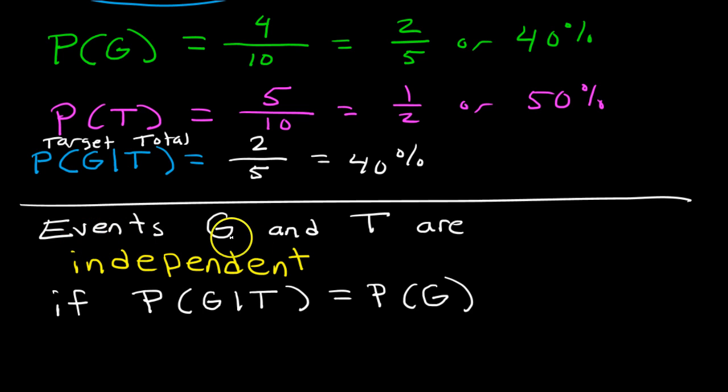We say that events G and T are independent if the probability of event G, given that event T is definitely true, is the same thing as the probability of event G anyway, without knowing anything about event T. In other words, if knowing something about the second event doesn't really change the probability, then those 2 events are independent. All right, one doesn't really affect the other.